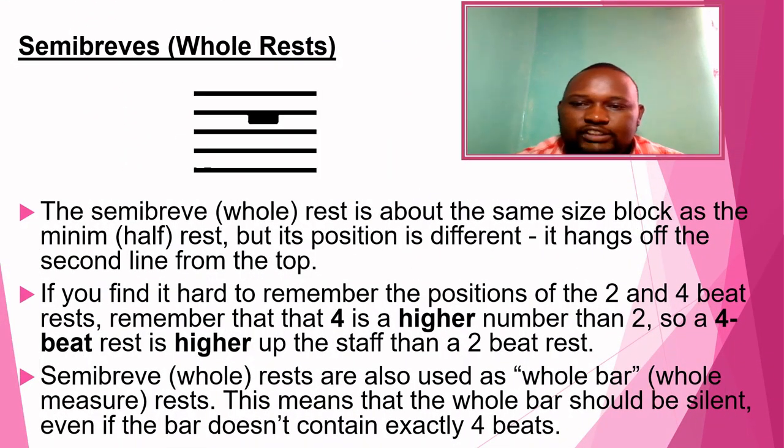Then we go to the semibreve rest or whole rest. The semibreve rest is about the same size block as the minim or half rest, but its position is different. It hangs off the second line from the top, as you can see.